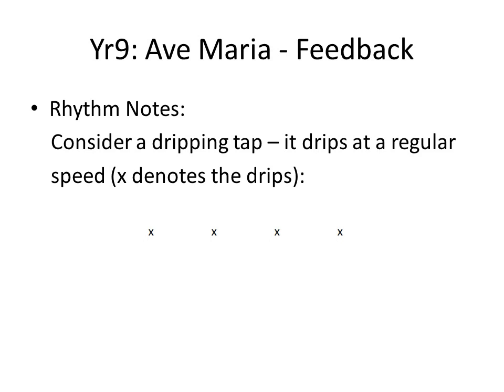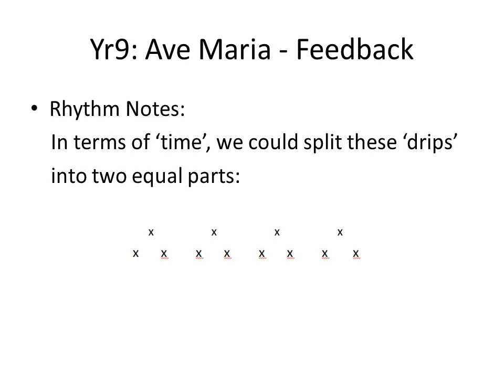Consider a dripping tap. It drips at a regular speed. The cross denotes the drips. Notice that the gaps in between the crosses are the same, and basically this is the pulse of the music. It's regular and it's constant. We could divide that pulse into half, and therefore we'll get twice as many drips, and the gap between them will become shorter.